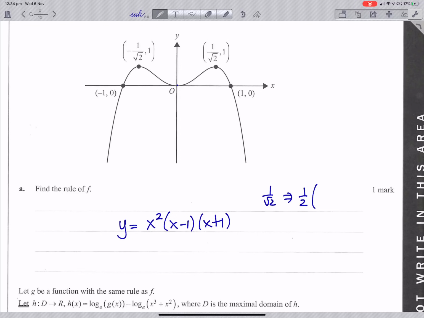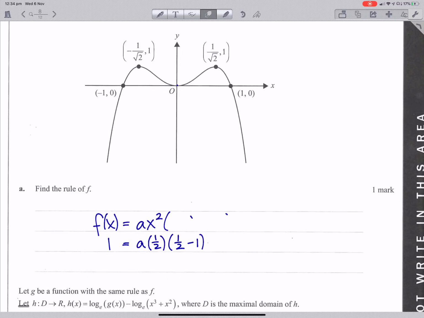Which point can we use to work out what a is? Because we need some sort of dilation factor. So f of x is a, x squared, and we got 1 equals a times 1/2, 1 on root 2 minus 1, 1 on root 2 plus 1 is a half minus 1.